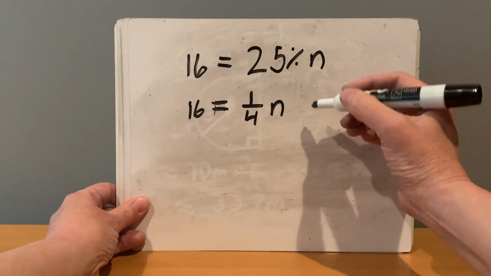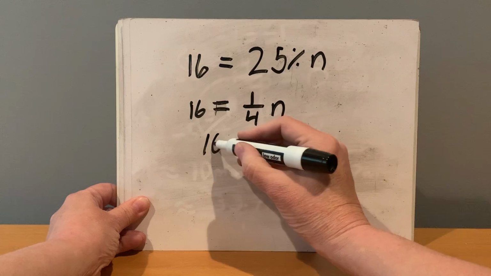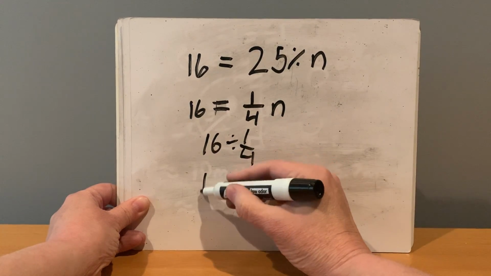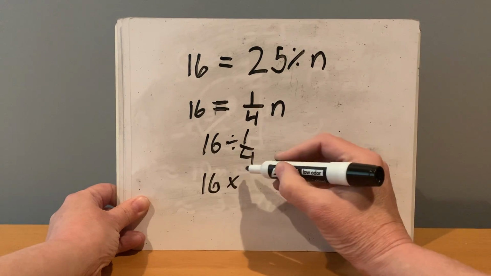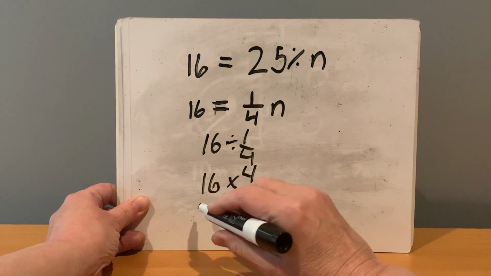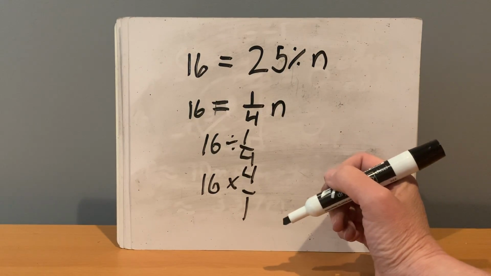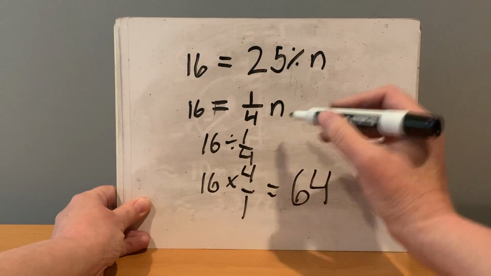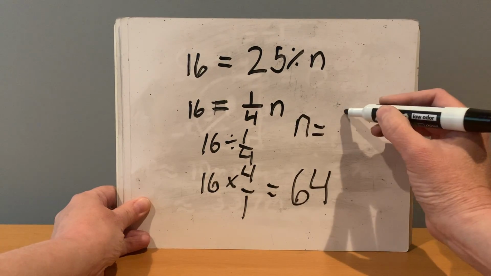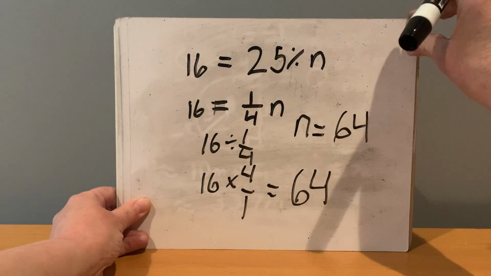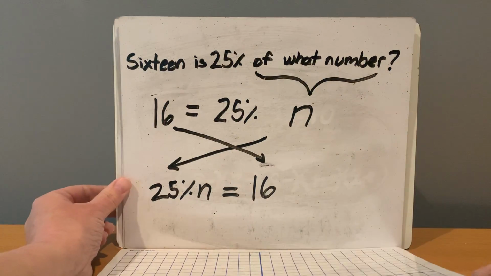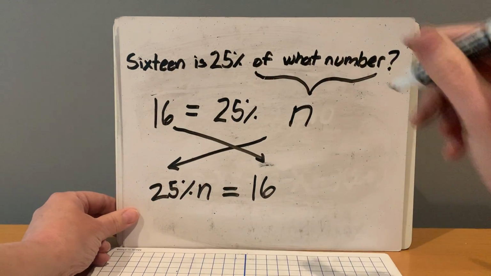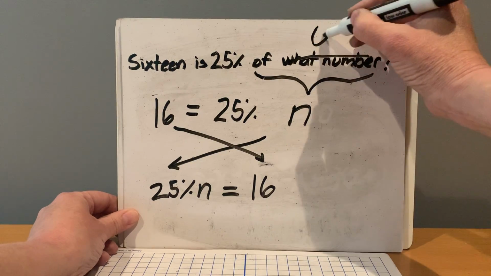So 16 divided by 1/4, which again, when we're dividing a fraction, becomes multiplied by the reciprocal. 16 times 4 equals 64. So n equals 64. If we go back to our original question, 16 is 25% of what number? We could replace what number with 64.